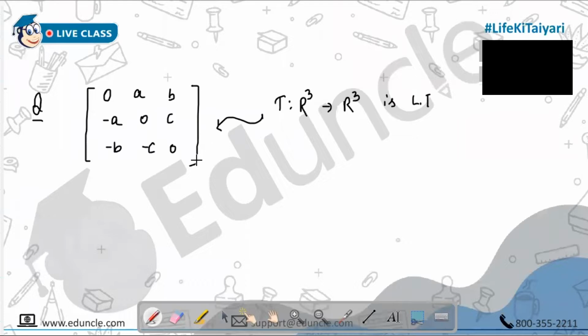It says this does not map any line through the origin onto itself. The line, meaning I didn't understand, so that's what I want to ask.